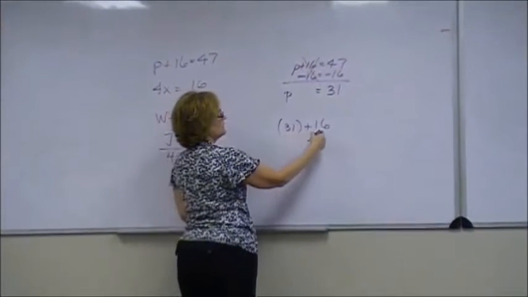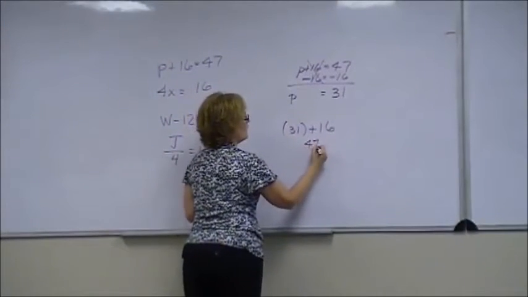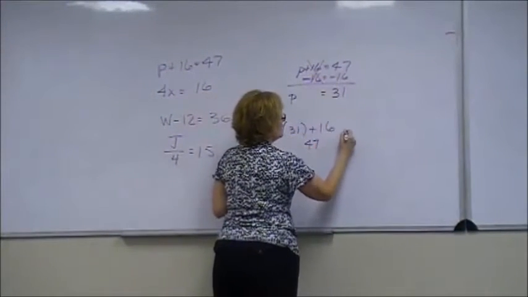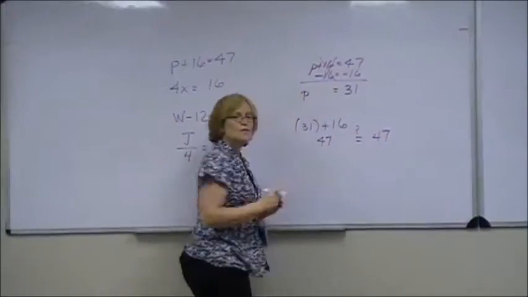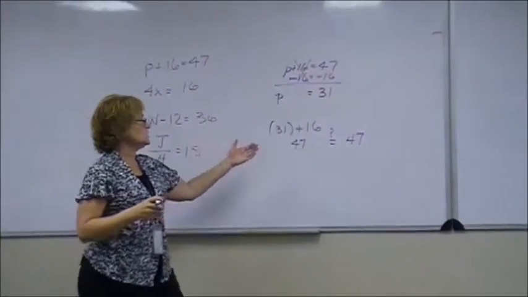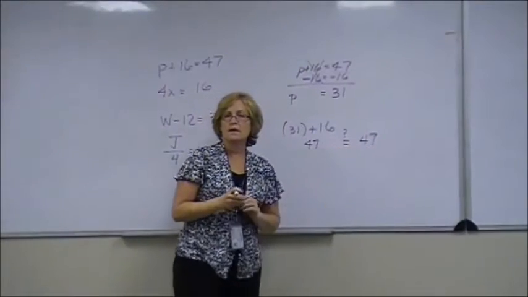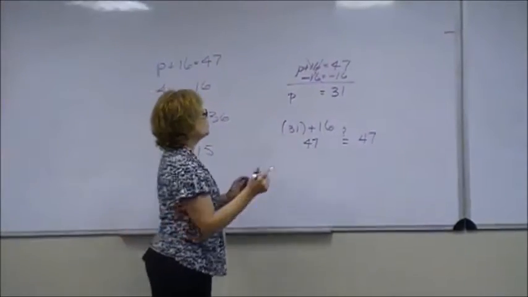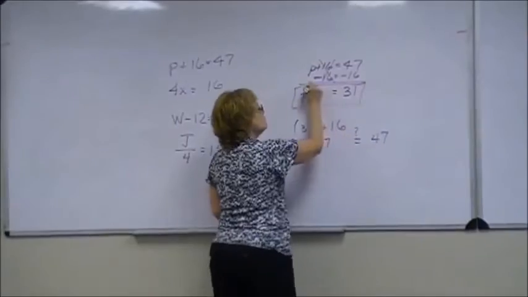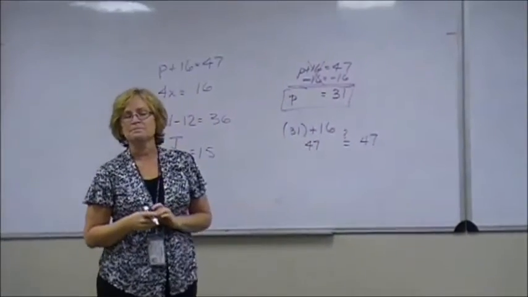So 31 plus 16, that gives me 47. And the question is, is that equal to the other side of the equation? So is 47 equal to 47? Boom, boom, check, check. So my solution is p is equal to 31.